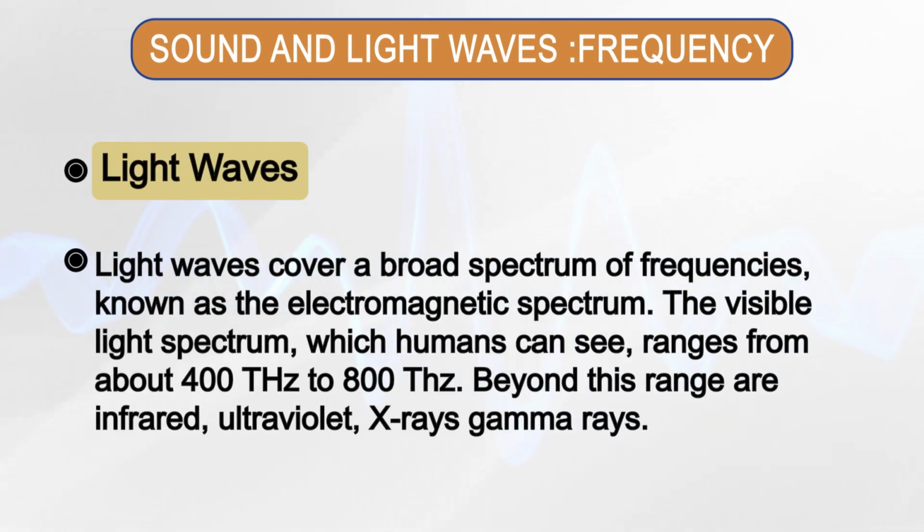Light waves cover a broad spectrum of frequency, known as the electromagnetic wave spectrum. The visible light spectrum, which humans can see, is in the range of 400 terahertz to 800 terahertz, and beyond this range we have infrared, ultraviolet, X-rays, gamma rays, etc.